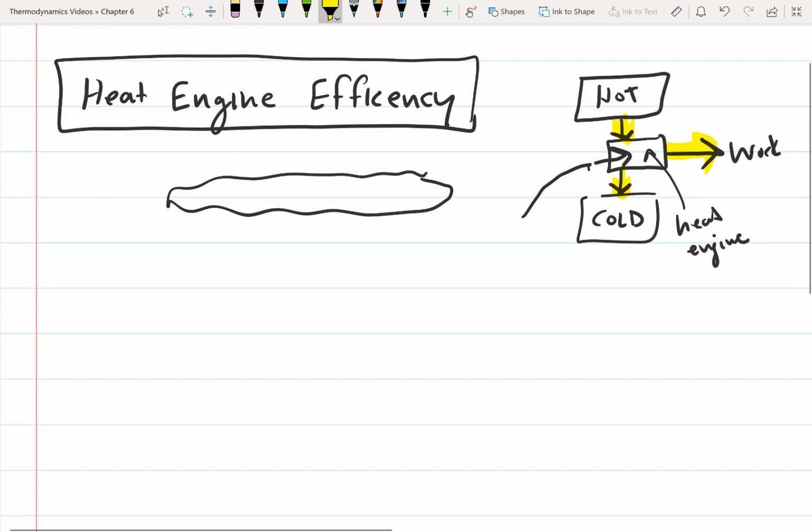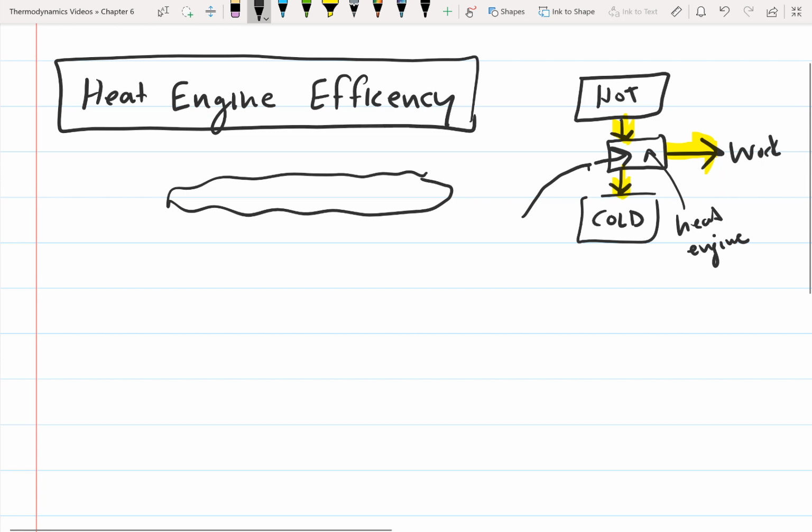And so since the first law says that we can basically do impossible processes, what the second law does is it puts a restriction on those processes. So our overall goal is to figure out a way that we can determine if our process or our heat engine cycle violates the second law.